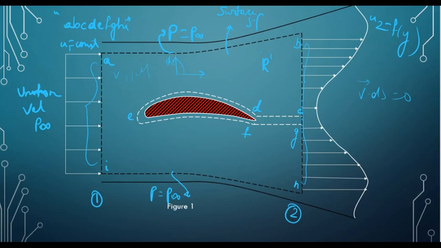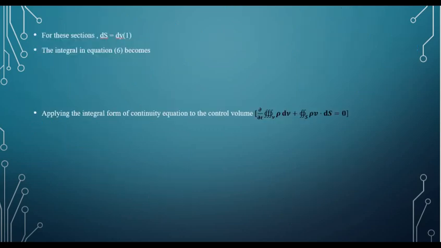And these sections are oriented in the y direction. Now, we said that the control volume has a unit depth in the z direction. So for these equations, the elemental area becomes ds equal to dy times 1, where we are considering unit depth for dz.